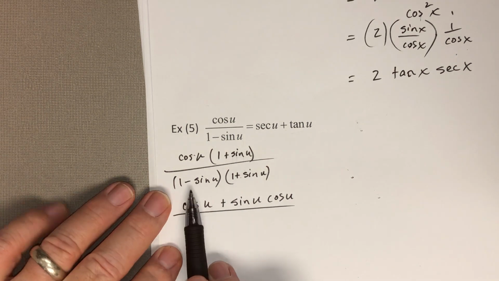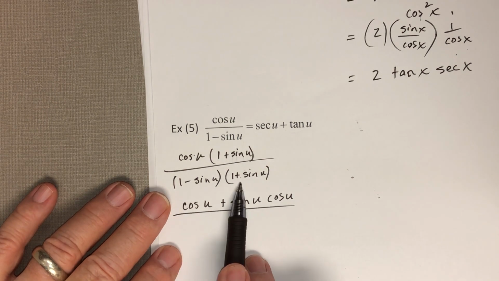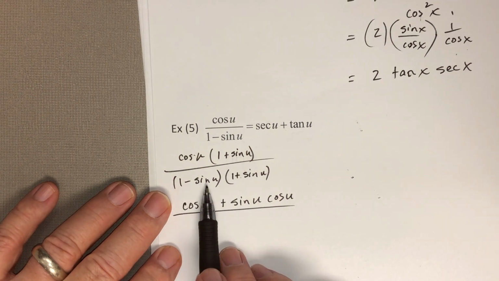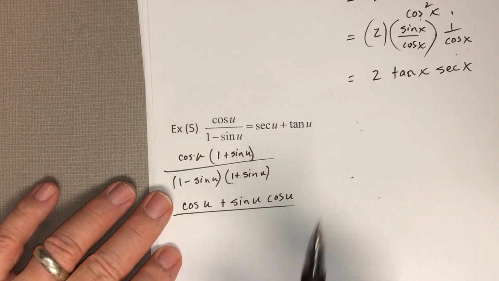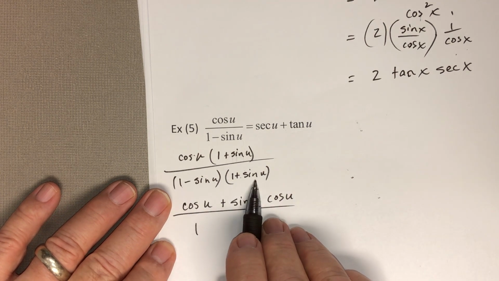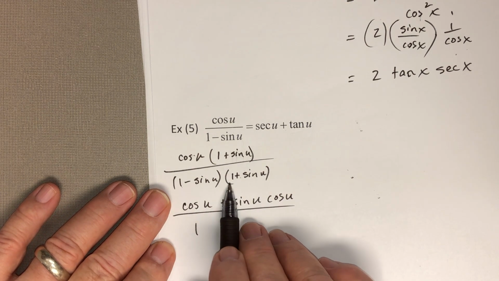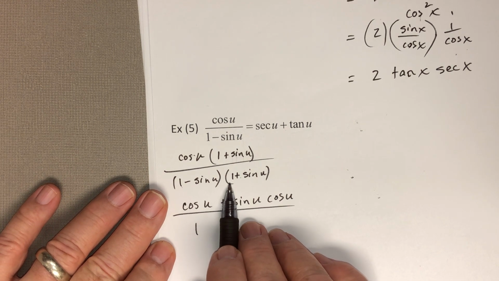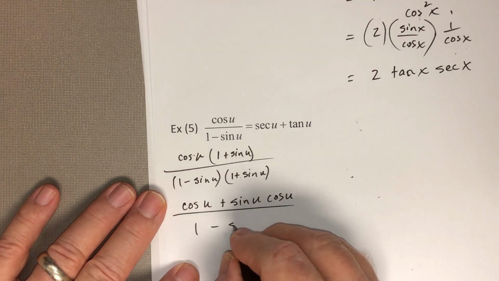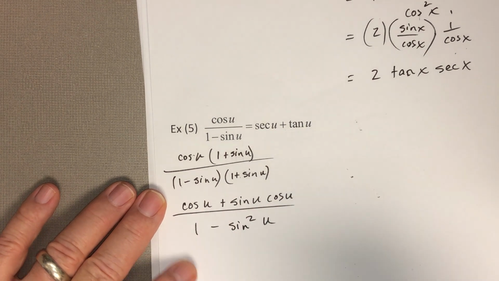And down below, I've got the difference times its conjugate. Well, that's like multiplying a binomial times a binomial. Use your FOIL method. 1 times 1 is 1. Outer product is positive sine of u. Inner product is negative sine of u. Those two terms would cancel, so I'm not even going to write them down. And then the product of the last two terms would be negative sine squared of u.